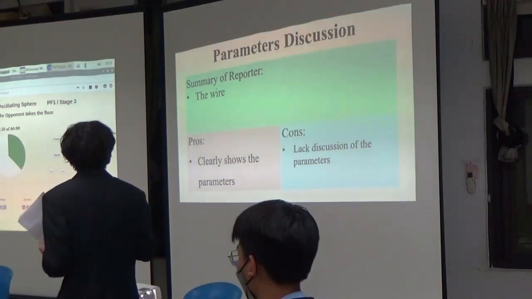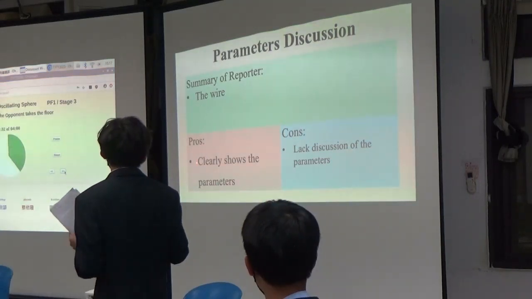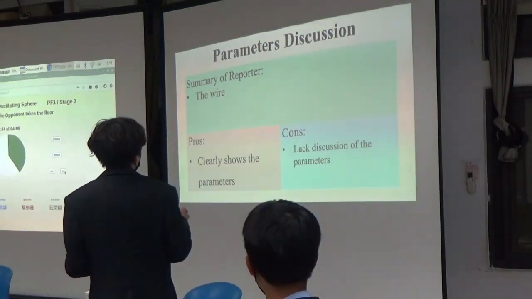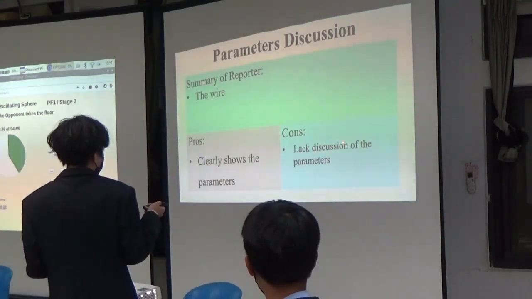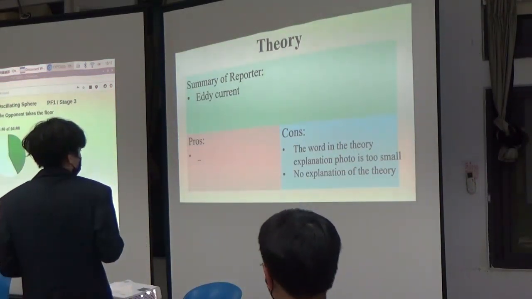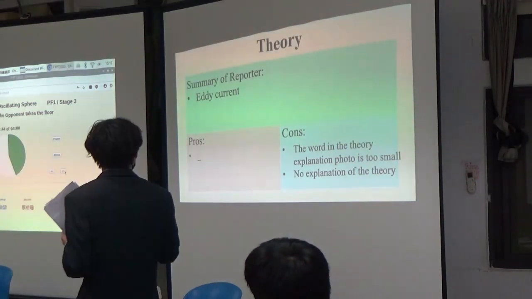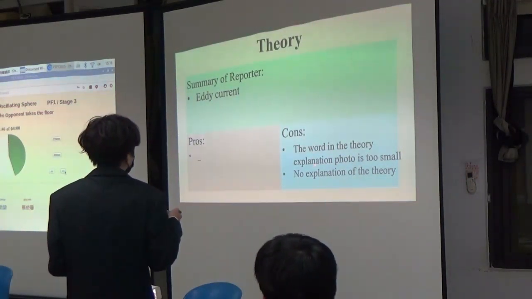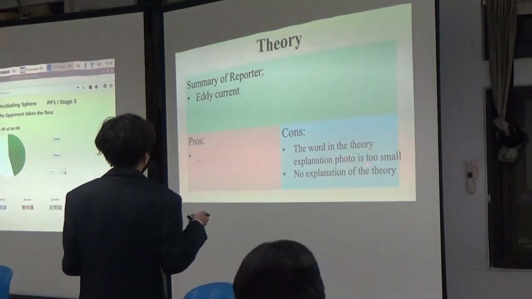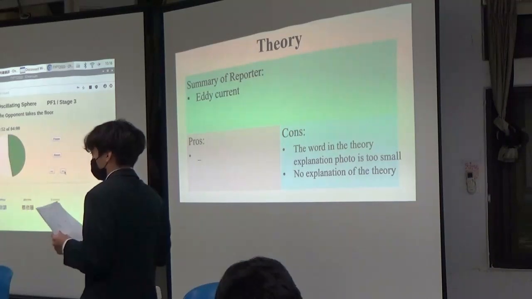Yes. The process clearly shows the parameters, but the concept lacks discussion of the parameters. And I think in the eddy current part, the explanation of the theory is too small and not an explanation of the theory.